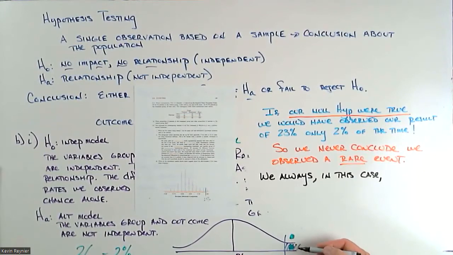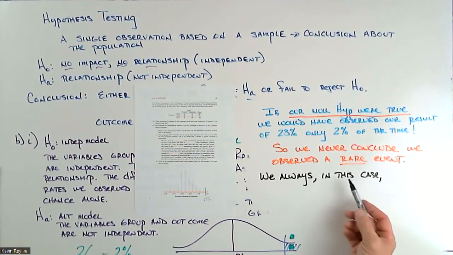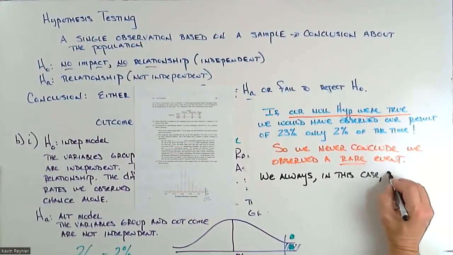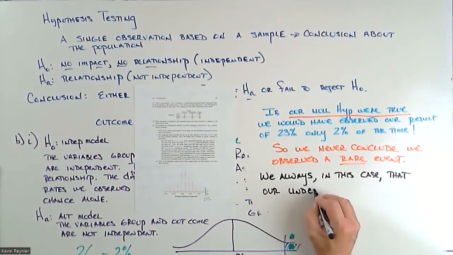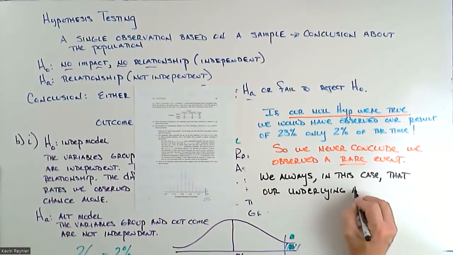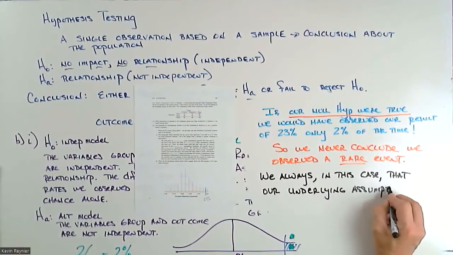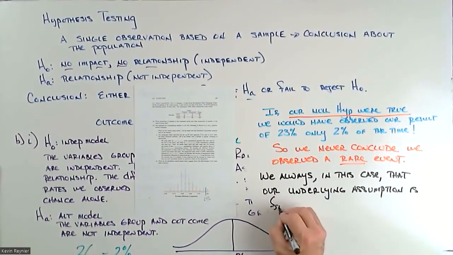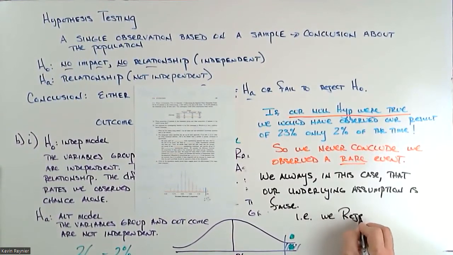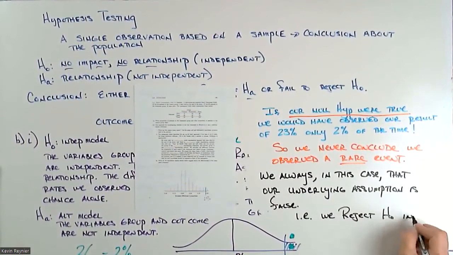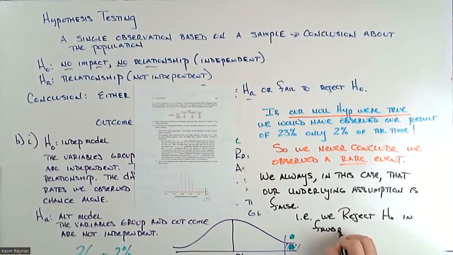We always conclude, in this case where the probability is tiny, that our underlying assumption is false, i.e., we reject H naught in favor of H sub A. We're going to reject the claim that this treatment has no effect, and we're going to conclude that it does.